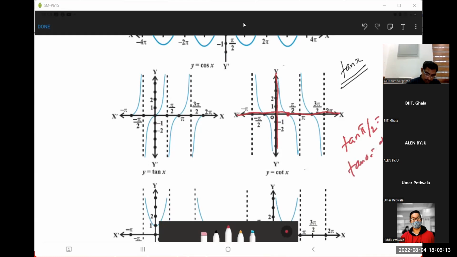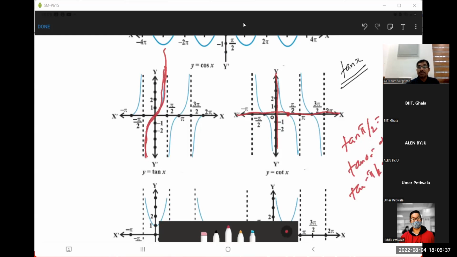Therefore, when you observe, one graph will be moving like this. When x is equal to pi by 2, your graph is moving to infinity. Similarly, tan minus pi by 2, it will be going down. It will be equal to minus infinity. Therefore, one graph we can see here like this.